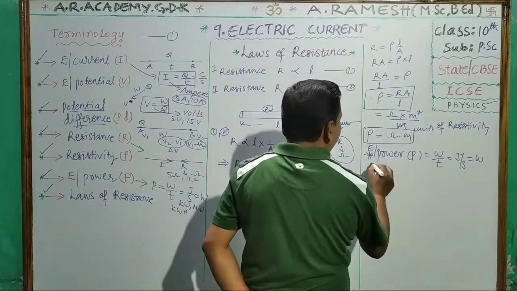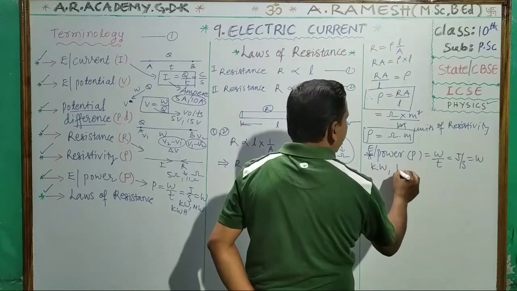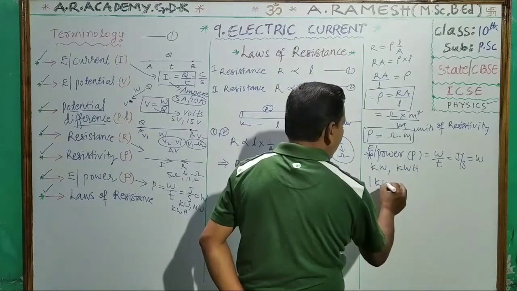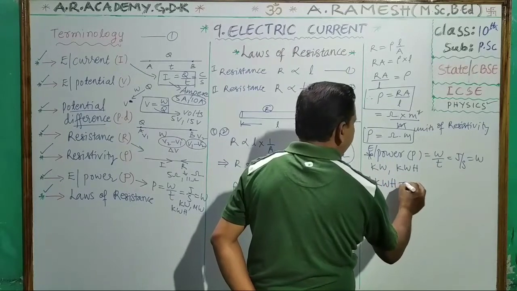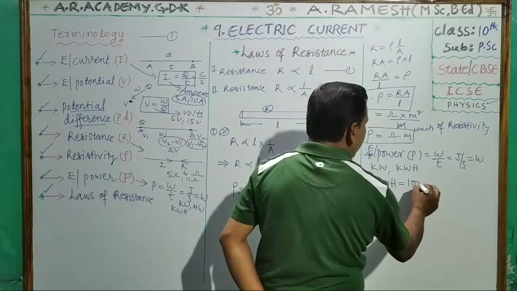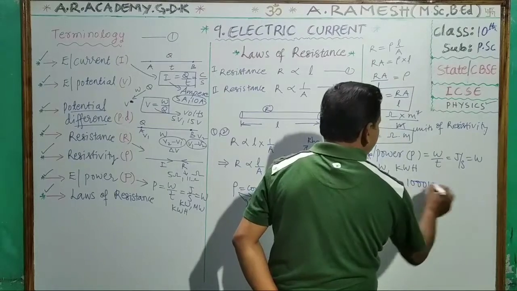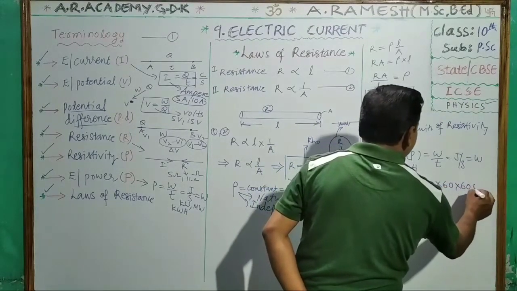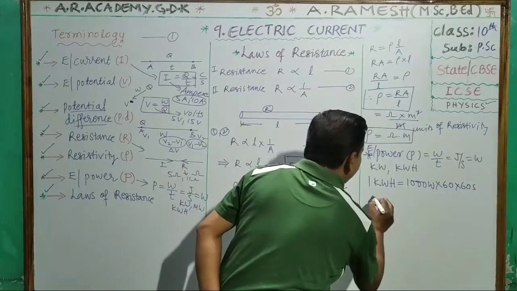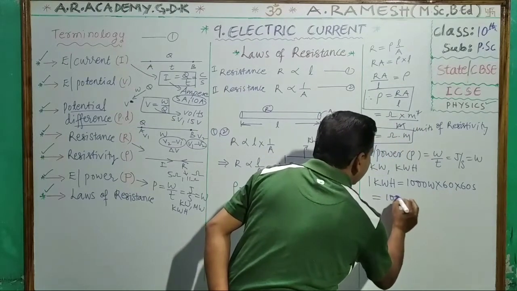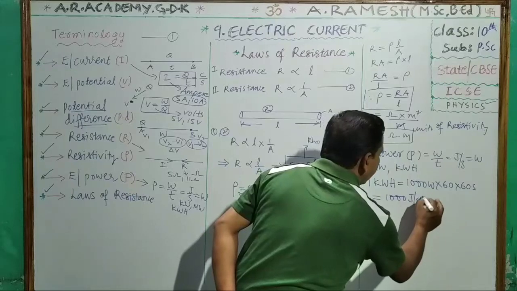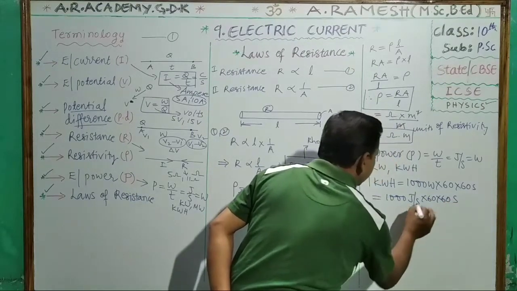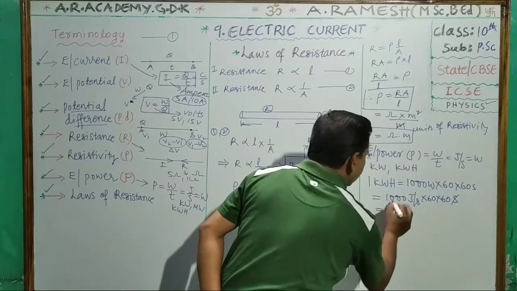Bigger units are kilowatts, and kilowatt hours also we will use. 1 kilowatt hour, remember children, equals kilo meaning 1000 watts into hour meaning 60 into 60 seconds. That is, you can write 1000 joule per second into 60 into 60 seconds. Second cancels.